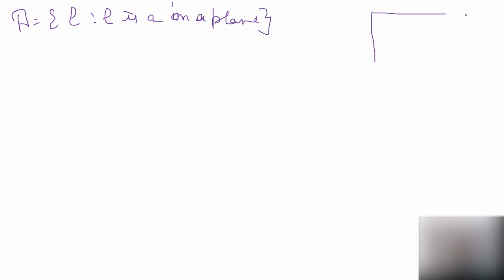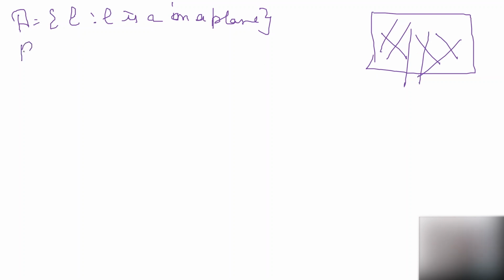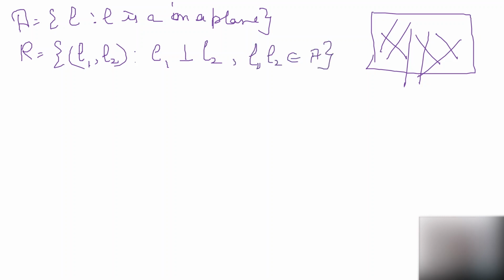Let us consider this is the plane and the lines on it are like this. These are the different lines. Now we are defining a relation R on L1 and L2 such that L1 is perpendicular to L2 and L1, L2 belong to set A.